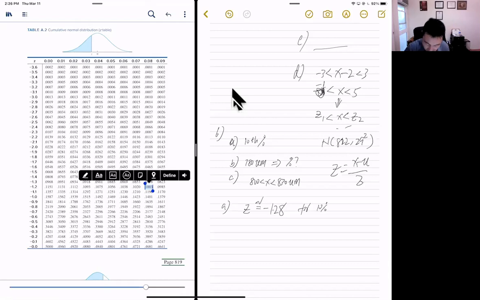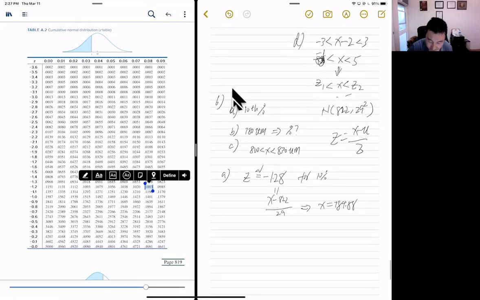So for a z value of minus 1.28, that is equal to x minus mu, where mu is 822, divided by sigma, which is 29. From there we can get x, 784.88. So the same idea here: based on the percentile, we found the z value, and then we back calculate the x.